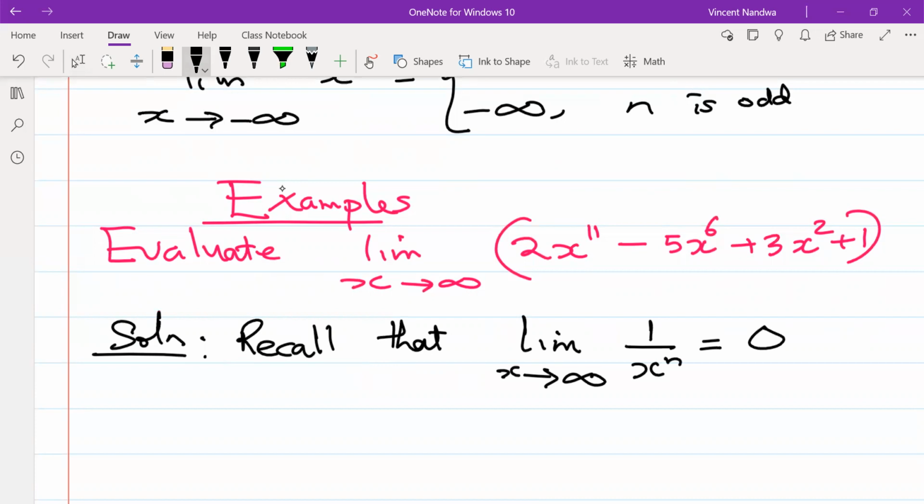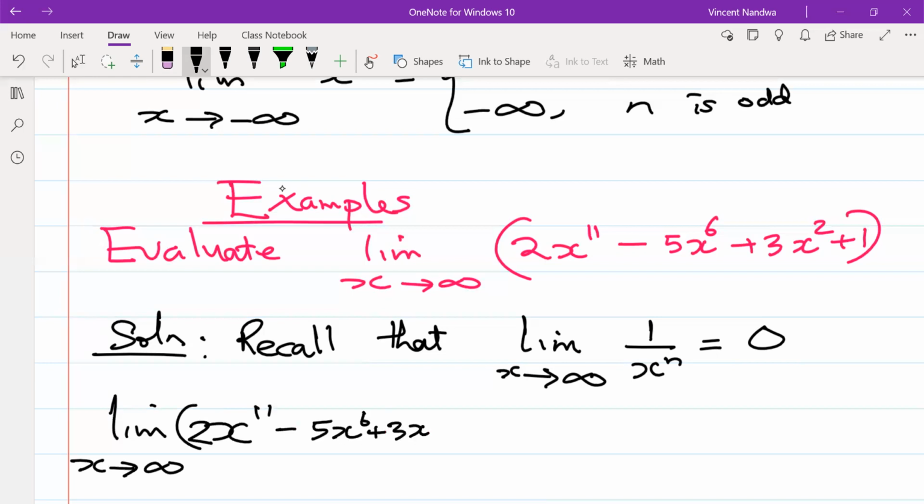So you try to rewrite this. If we have more than two terms in a given expression, you write it in such a way that you have some fractions which involve x as the denominator. So we'll say limit as x approaches infinity. What is the highest power of x in that expression? 11. So we write it as x power 11. Let me just rewrite the equation: 2 and then minus 5x power 6 plus 3x squared plus 1.